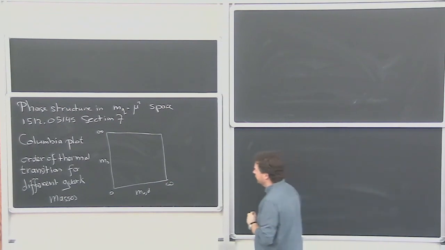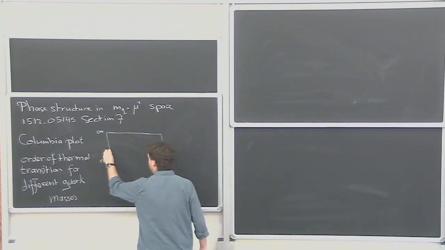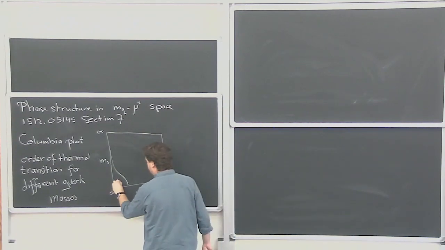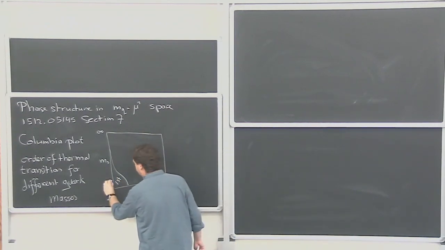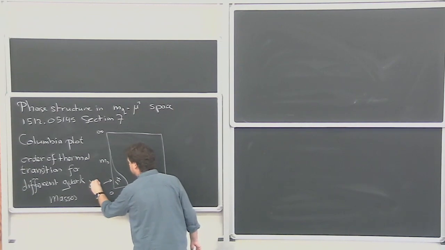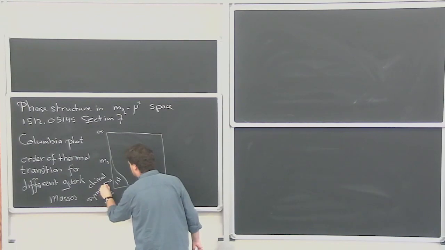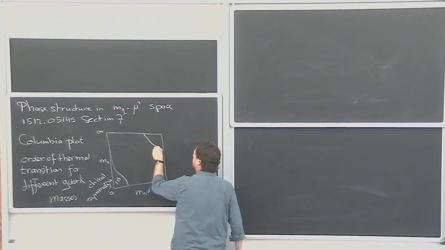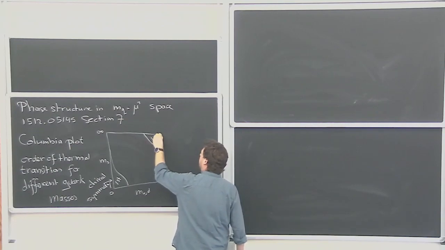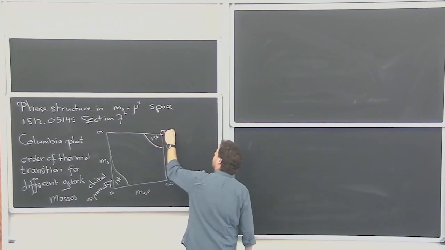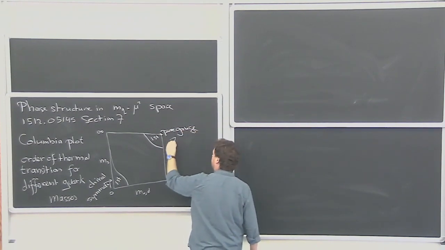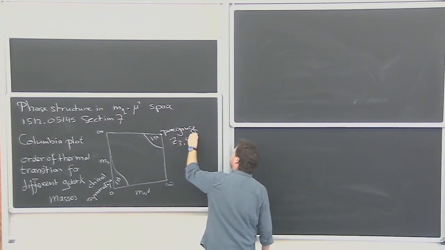We've seen that there are two regions that we understand. One is the region for very light quarks, where the transition is first order, and this has to do with chiral symmetry. Then there is the region for heavy quarks, where again it's first order. This point here would be the pure gauge theory, and this has to do with Z3, or the center symmetry.